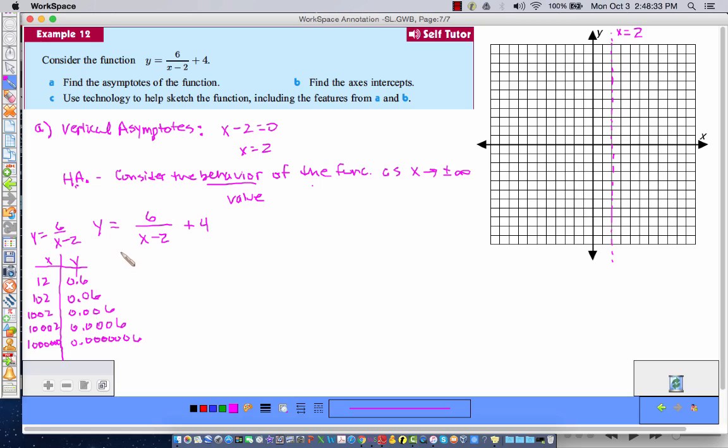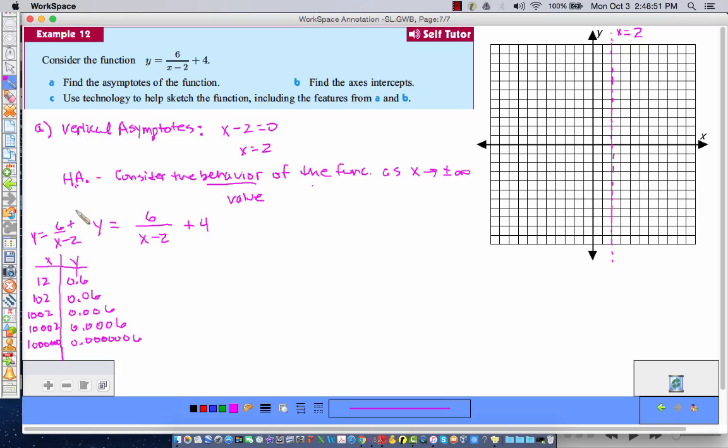Another thing we need to understand: if I have a constant in a numerator and a denominator that's going to infinity, the numerator is losing. It is insignificant compared to infinity, and that will always go to 0.